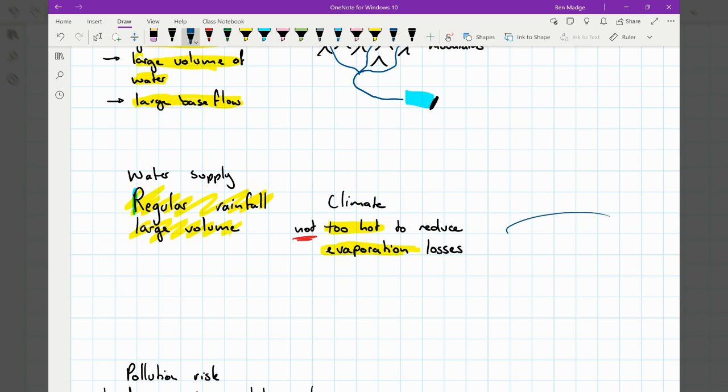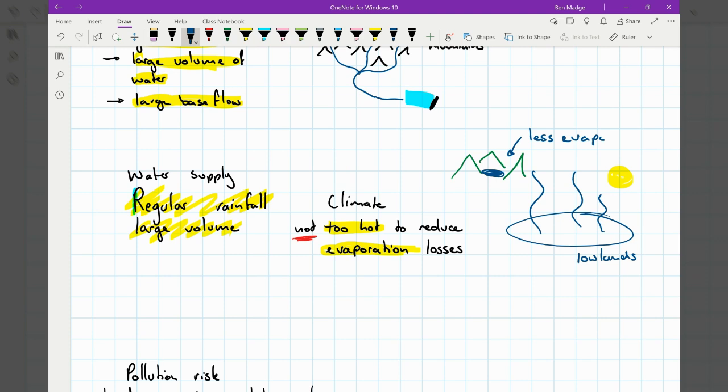Obviously, if we build it in the lowlands where it's very warm and hot, then we'll have a lot of evaporation taking place. However, if we built it up in like the upland areas where it's going to be naturally a lot cooler, you'll have less evaporation.